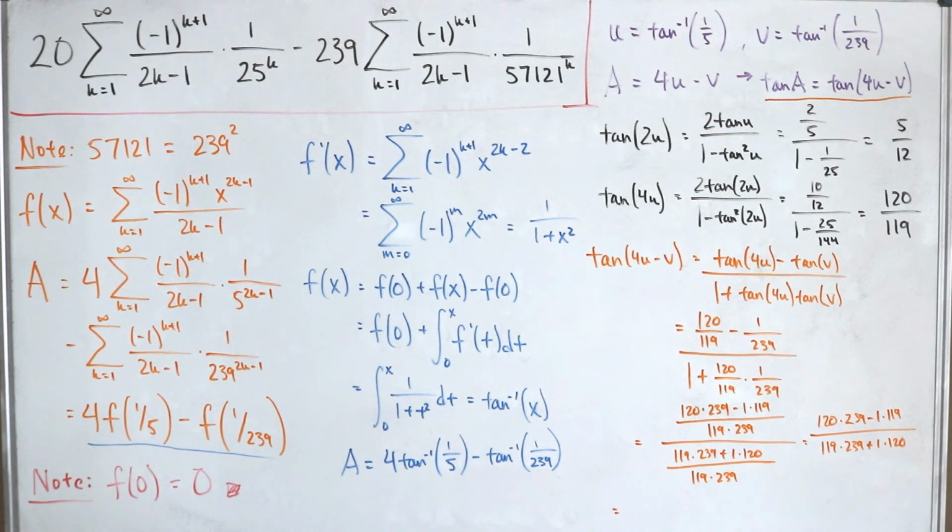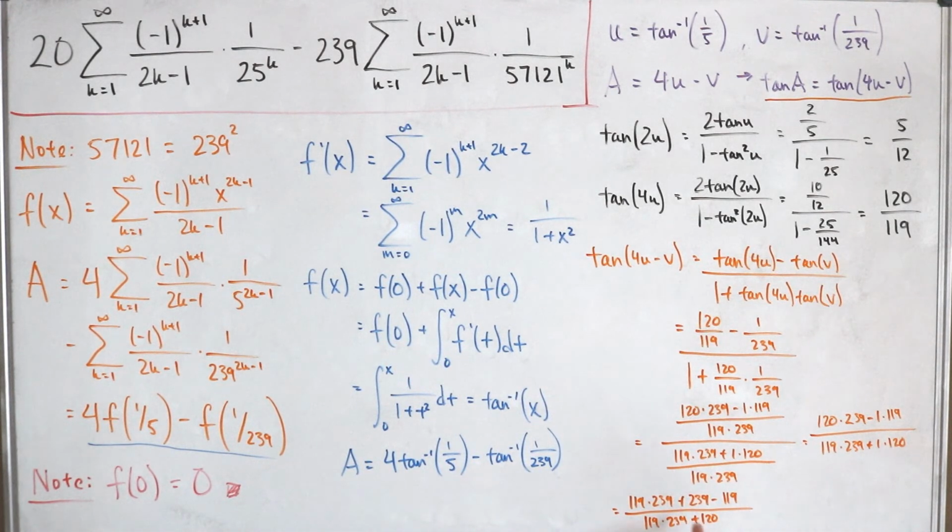What we can do is factor out 239, one quantity of that. In other words, I'll write this as 119 times 239. Since I factor out one quantity, I have to add an extra 239 to preserve the equality, then subtract 119, all divided by 119 times 239, plus 120.